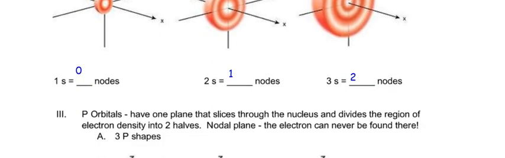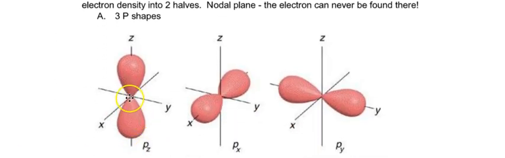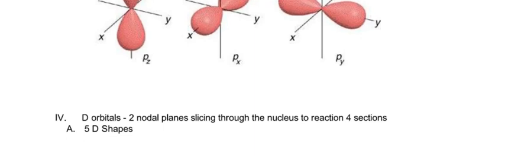The p orbitals, I've already showed you this. There is a plane that slices through the nucleus and divides the region into 2 halves, or 2 lobes. The nodal plane is where the electron is never found, smack dab in the middle. So here are your 3 peanuts, if you will. Your d orbitals have 2 nodal planes slicing through. Let me go to the next page.